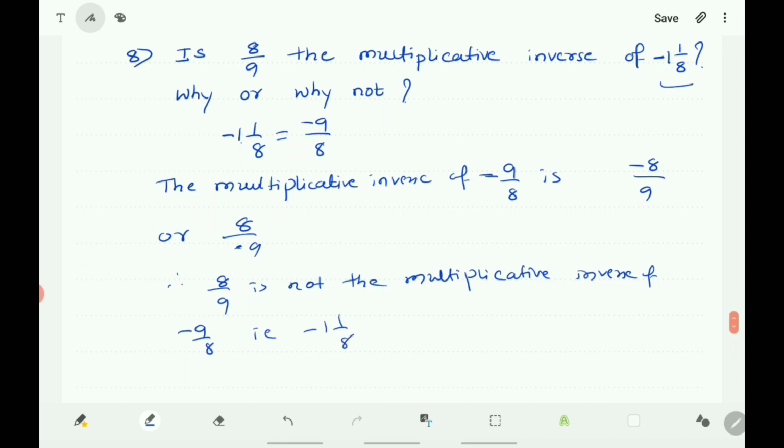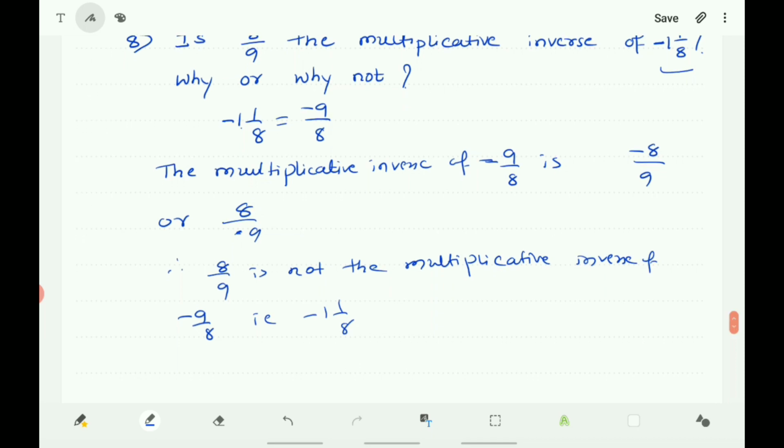Because here what happened? The sign is changed. For multiplicative inverse, the sign will not change. Sign remains as it is, but there is an exchange of numerator and denominator. So in the right bracket you write.